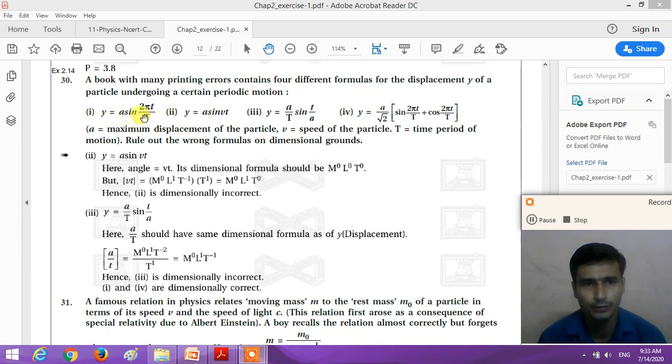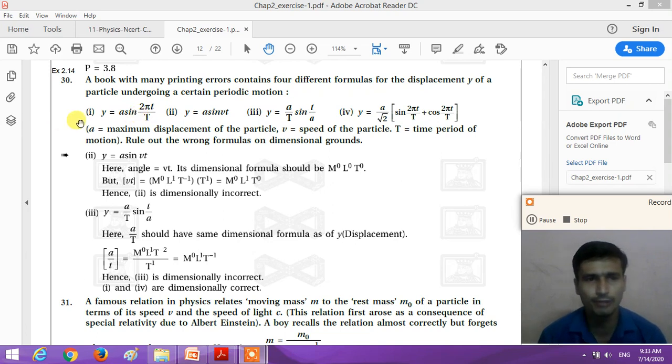So, in the first one, we put the dimensional formula of 2 pi. 2 pi is a constant, so its dimensional formula is 0, 0, 0. The dimensional formula of t is T1, divided by the dimensional formula of T which is T1. So, we get the dimensional formula of this angle as 0, 0, 0.